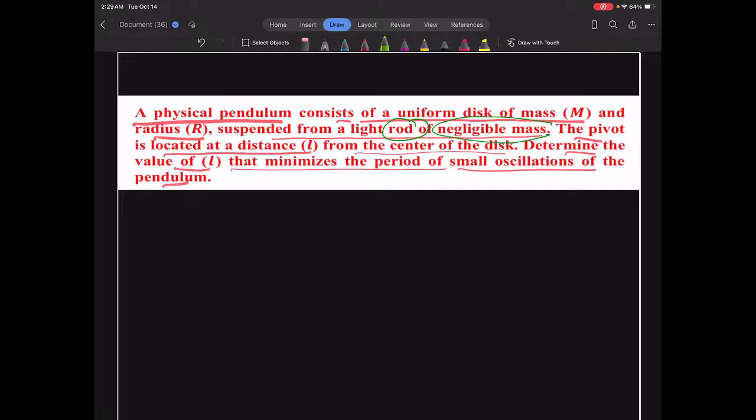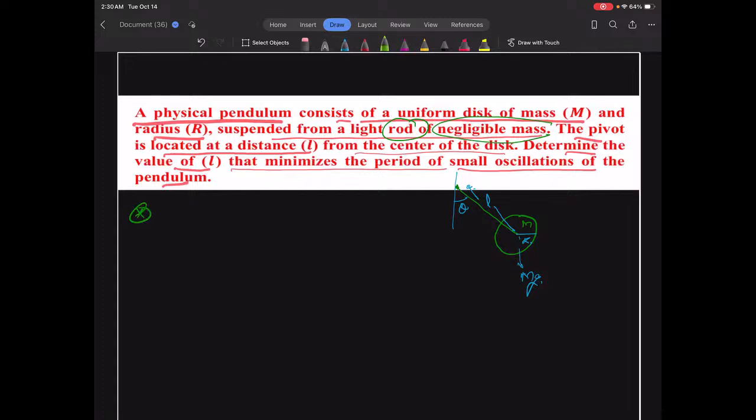Okay. So we have a pivot point, and that pivot point is connected to a disk, and disk is having a mass m and radius is r, and with respect to the vertical, let us suppose small angle is theta, and L is the length of the rod. Okay. So in the downward direction, obviously there will be our mg acting downward, but the method of finding out the time period, the formula will be same.